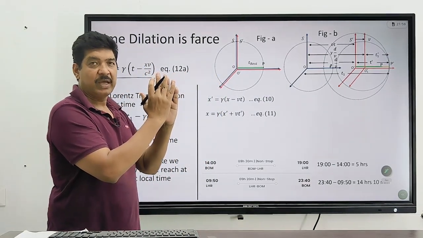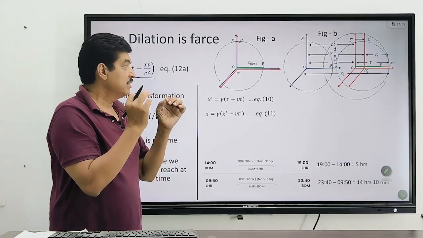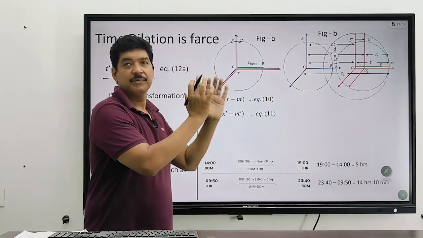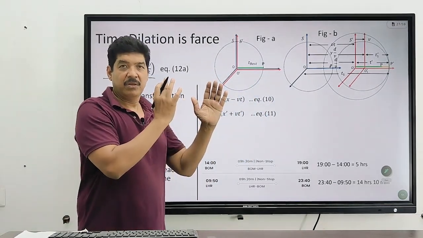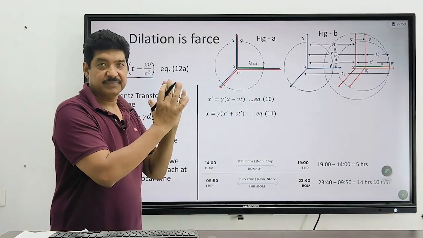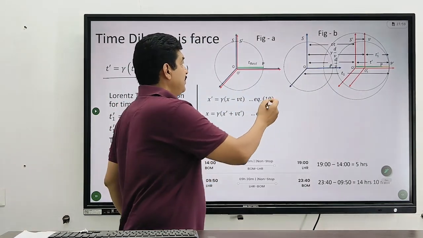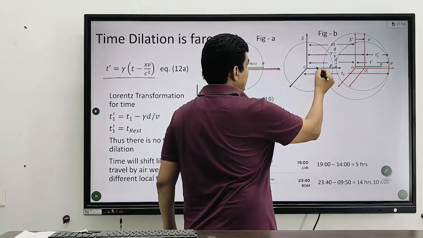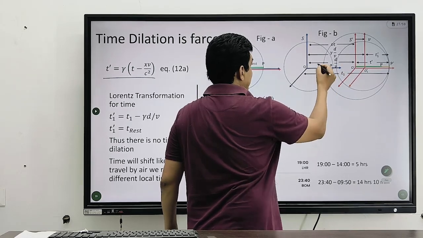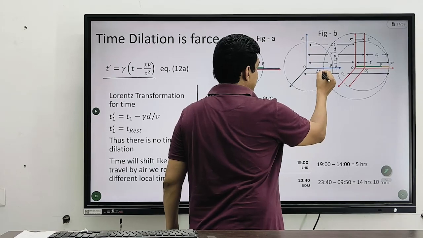At that time, there is one flashlight in both frames, and from both origins one light flashes and moves away. The light goes to P, and there will be some time, so it is T.